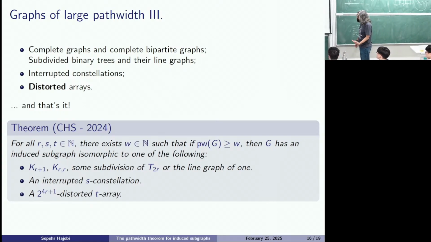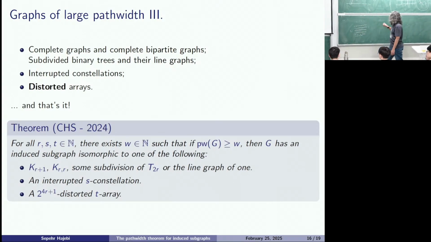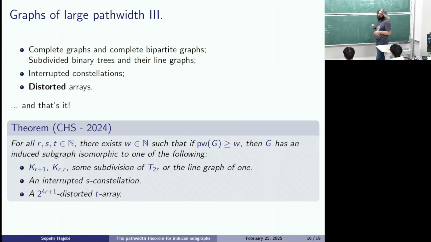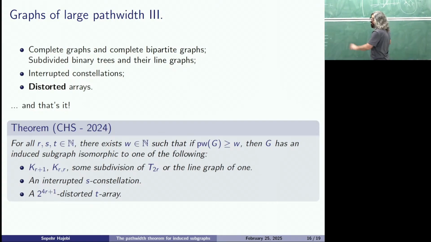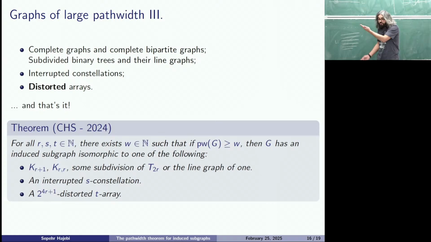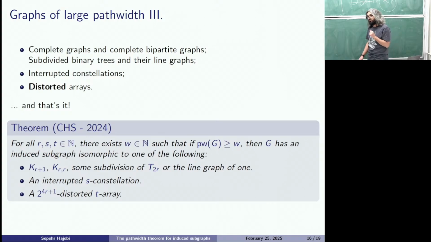But the main point about the third outcome is that you can't just hope to get the proto-array graphs as another outcome. This is really different from the case of interrupted constellations, because interrupted constellations are virtually the same as what was originally defined by the long list of authors, and we do get exactly them as induced subgraphs. So the hope would be to get the arrays themselves as induced subgraphs as well, but the zigzag graphs show you that this is not going to happen.